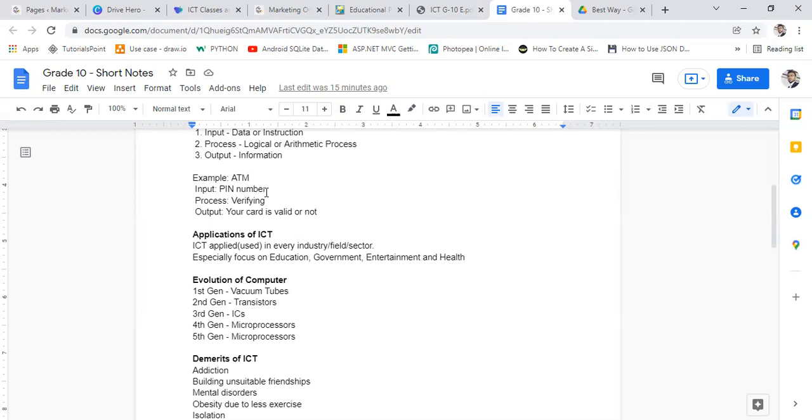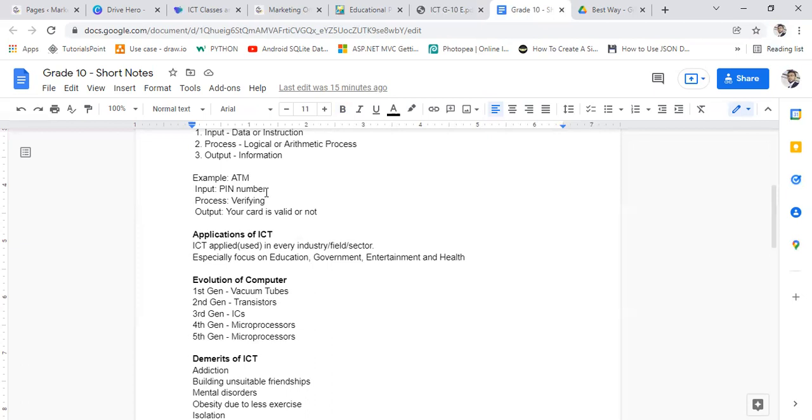So the PIN number is the input, and it will be verified. That's actually a process. When you input, it will check the PIN number, whether it's actually connected with the card or not.